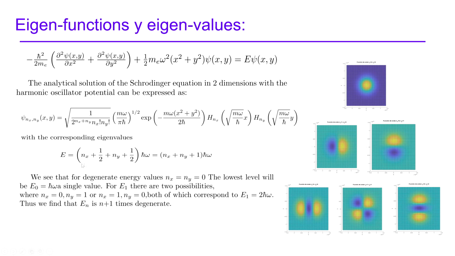Because it's in 2 dimensions. This is for 1 dimension, but for 2 dimensions you need to add another level of energy in the other direction, or degree of freedom, and this is multiplied by h bar and the frequency, and this is the simplified form.